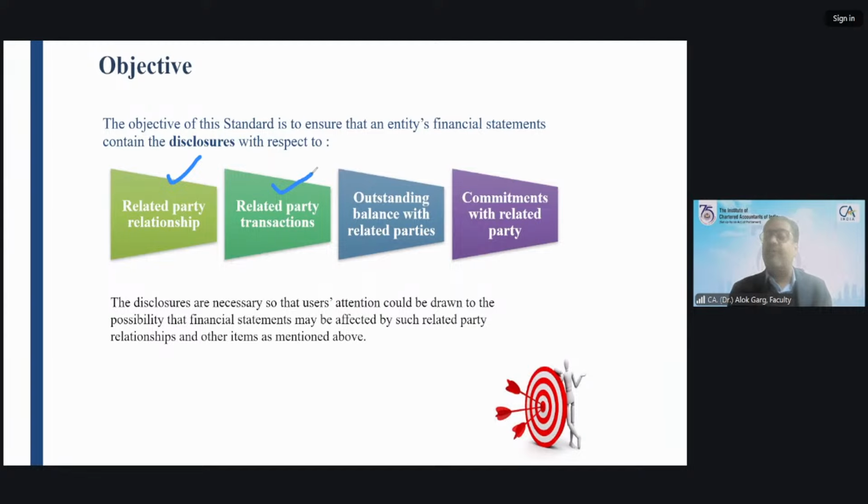So you have to disclose the transactions with the related party during the period. For example, purchases of goods, sale of goods, supply of services, commission received or paid, royalty received or paid, loans, so basically loan given, loan taken. Okay. So these kinds of transactions with the related party during the period need to be disclosed, and the outstanding balances with the related parties also need to be disclosed.